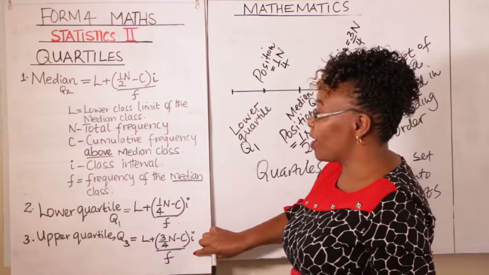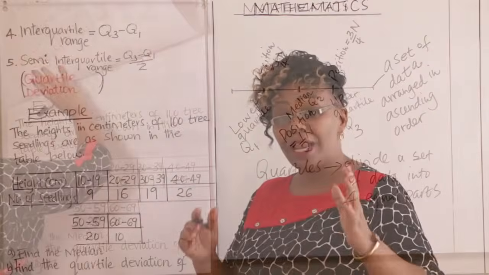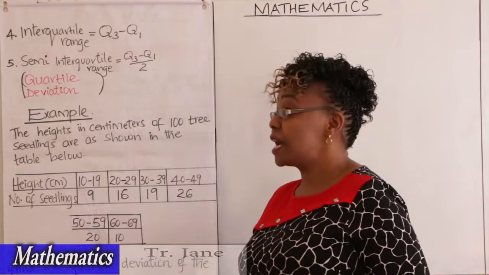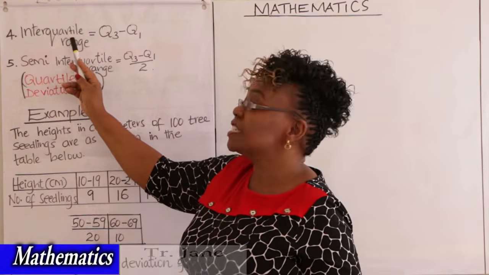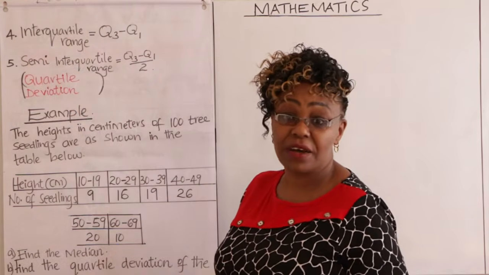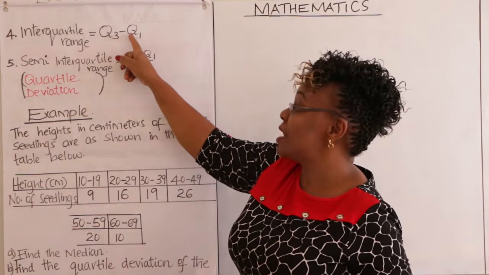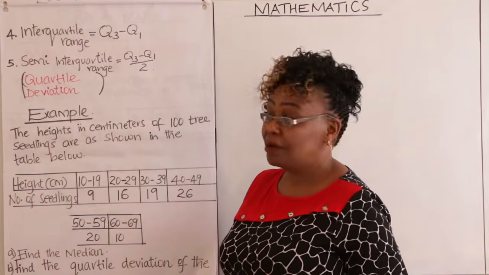Good. Now, number 4. Learner, after calculating the lower quartile and the upper quartile, you can be asked to calculate the interquartile range. It is got by Q3, the upper quartile, minus Q1, the lower quartile.